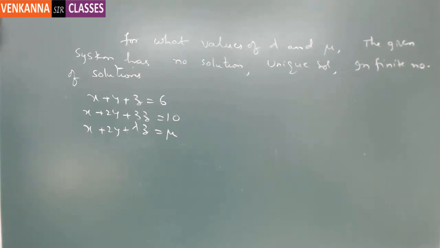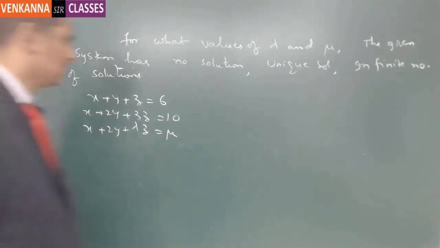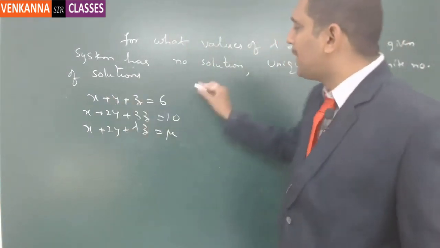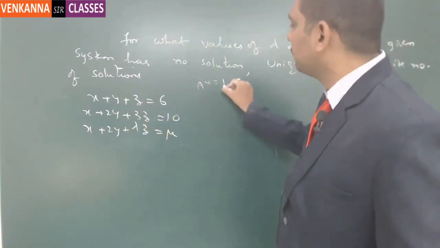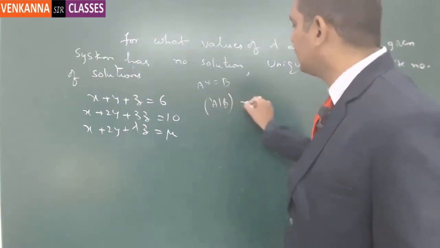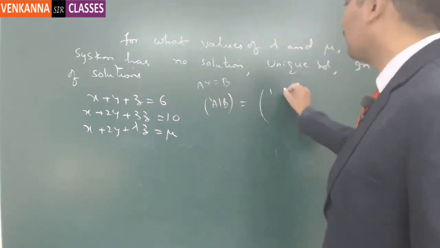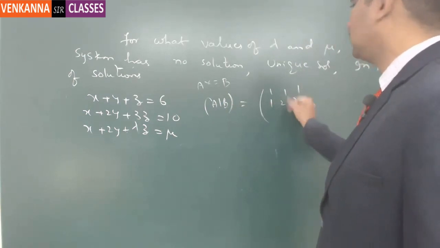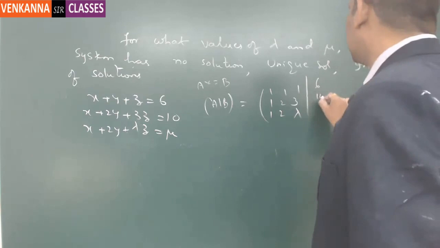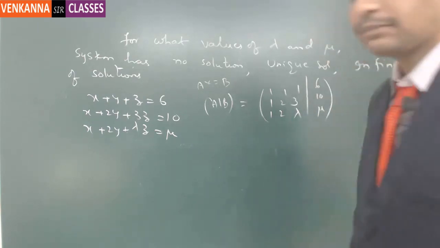Now let us write the augmented matrix first. In the exam, you need to write the equivalent matrix pattern as Ax equal to B. Then you need to mention this is the augmented matrix A|B, and this is equal to [1 1 1 | 6; 1 2 3 | 10; 1 2 lambda | mu].